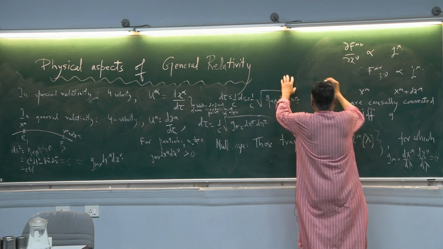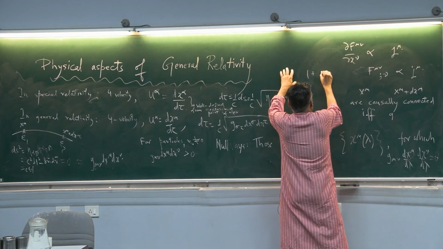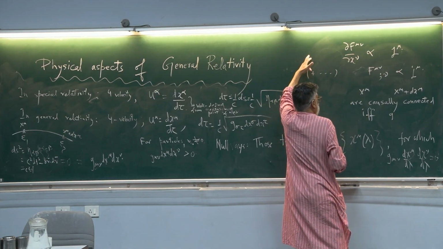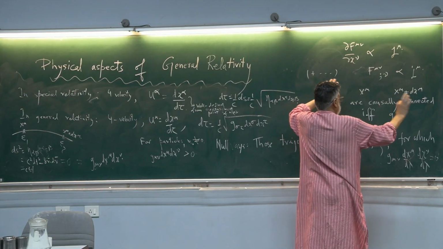g_μν dx^μ dx^ν is greater than or equal to 0. In my signature I am using the signature plus minus minus minus. So that means in the local inertial frame, η00 is positive, η11, η22, η33 are negative.